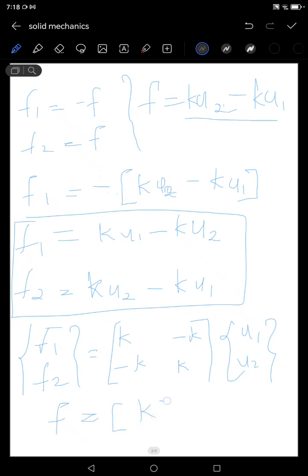K, this big letter K, shows that it is a stiffness matrix, and then we have the nodal displacement. This U is an overall displacement. We call it an overall displacement vector.